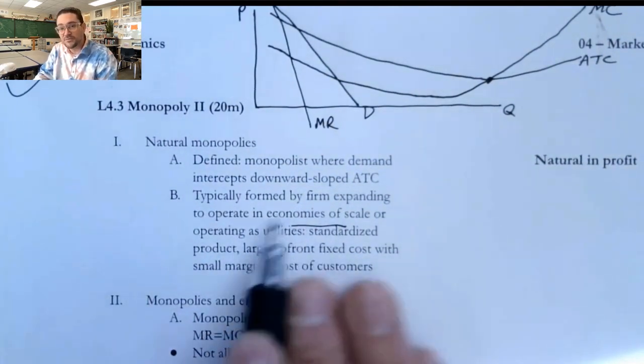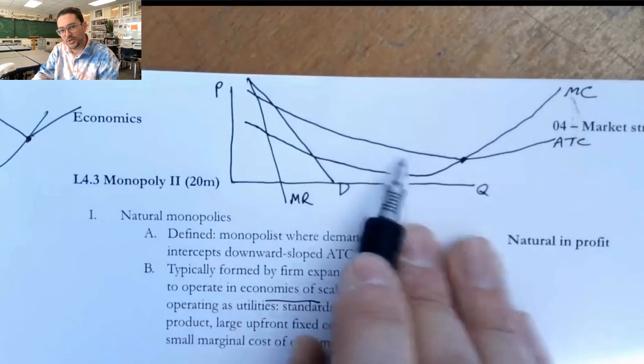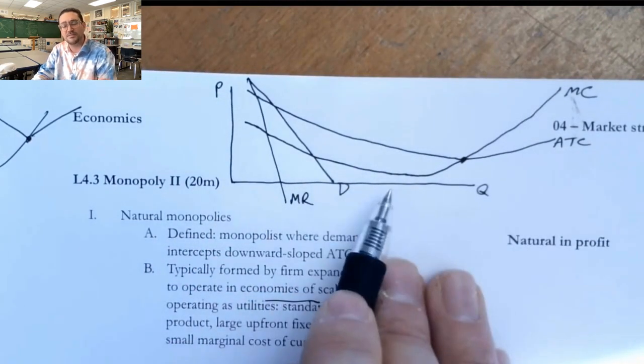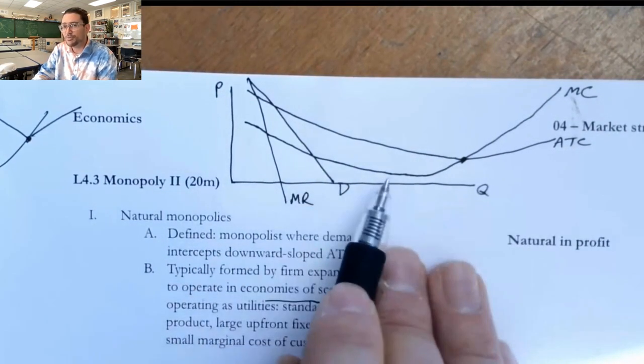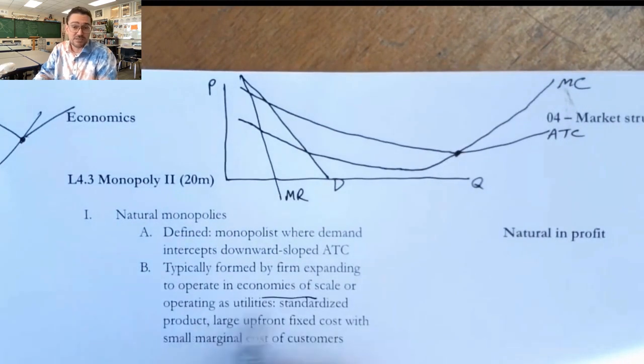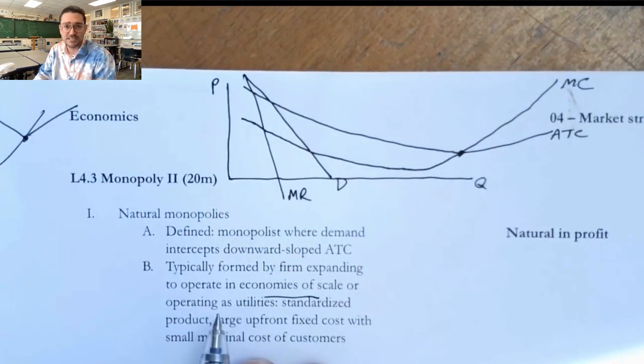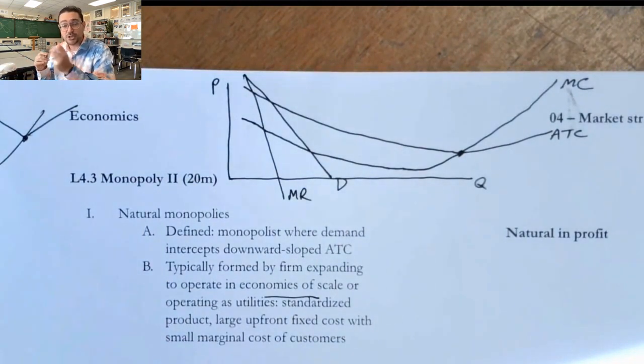Now, these types of firms, where they have this type of cost structure and could satisfy the demand for all the product in the downward sloping range of the cost curves, do exist. They commonly operate as utilities. So, for example, an electric utility has huge upfront fixed costs. And as they add each customer, the additional cost of a customer actually falls, because once they've bought the truck to drive to your house and climb up in the little boom and flip the switch to turn your power on, it's relatively cheap for them to go to the next house down the street and do the same thing.